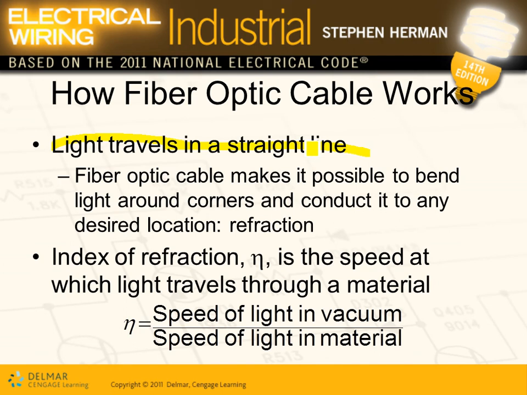It makes it possible to go around bends, around corners, to the desired location. I can't make the light go through the wall to the other side. So you channel the light beam through all these corners, through the fiber optic cable, from the sender to the receiver.